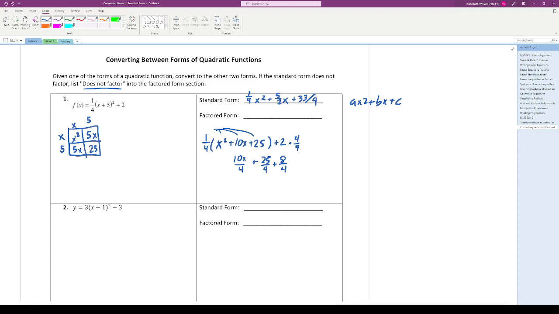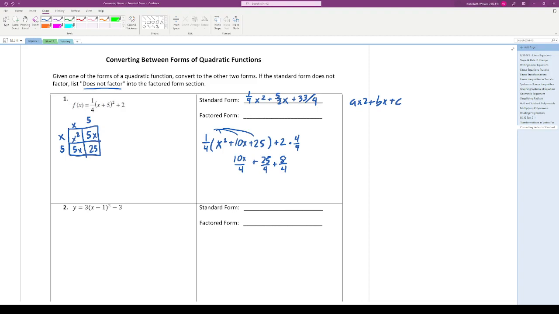All right, so then we want to look at whether this is going to factor. And remember that factoring requires us to have all integer values, right? We can't have any fractions or decimals once we factor.